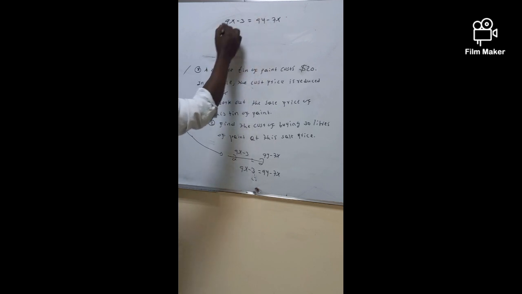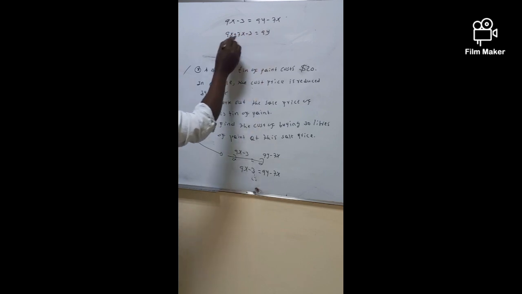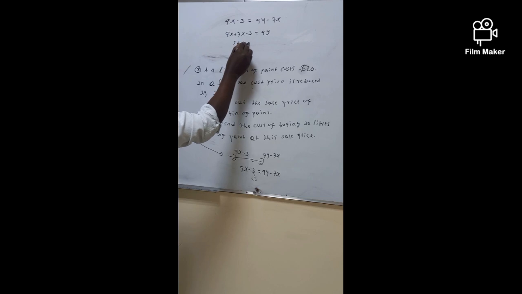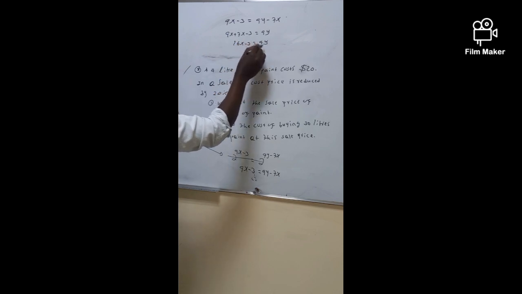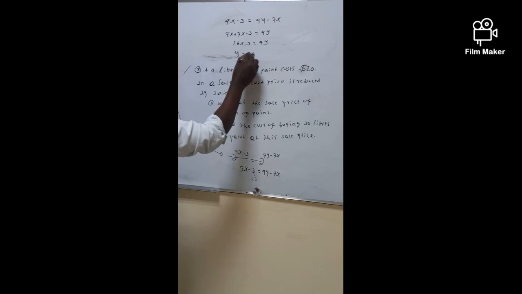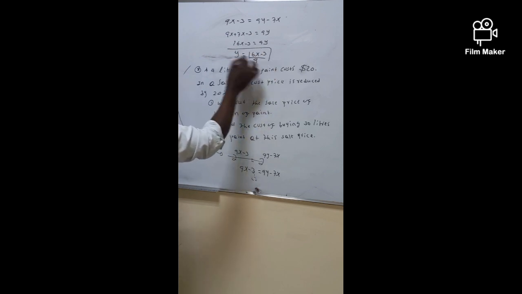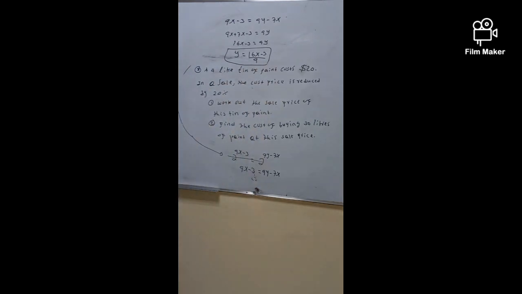Bring 7x here: 9x plus 7x minus 3 is 9y, so 16x minus 3 is 9y. Dividing both sides by 9, y will be 16x minus 3 over 9. This is how we describe y in terms of x and other parameters. So this is the solution for the first problem.